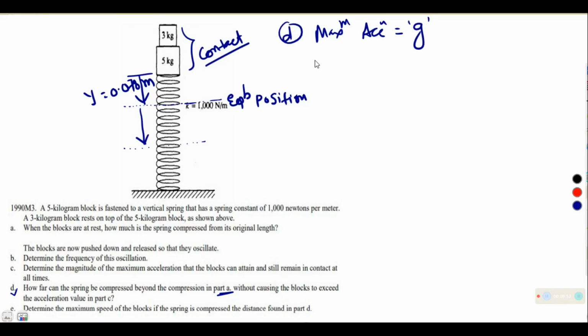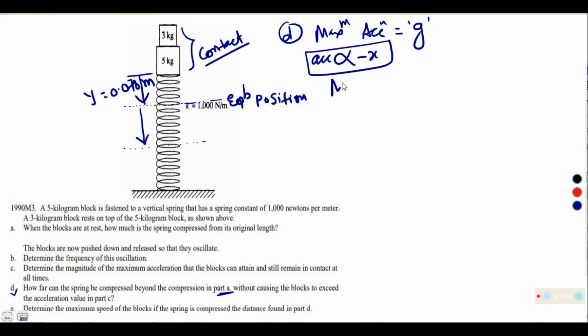For simple harmonic motion, acceleration is proportional to the negative of displacement, or amplitude. So we have to find how much displacement it can take so that its maximum acceleration is equal to g.